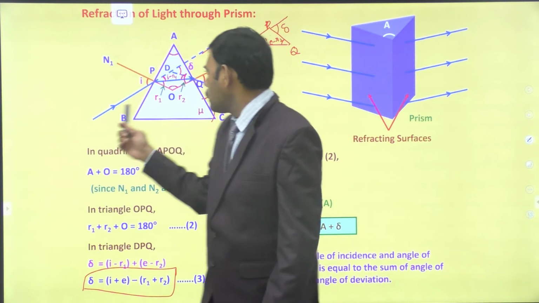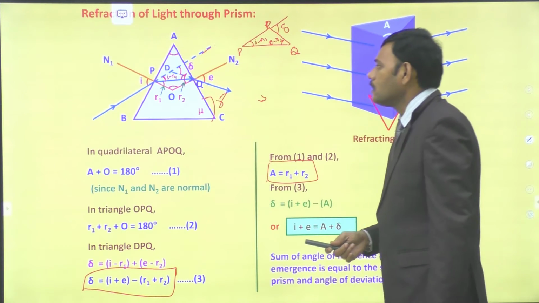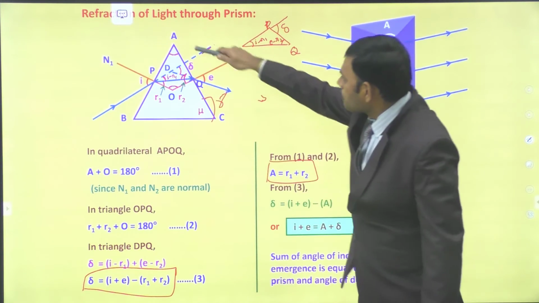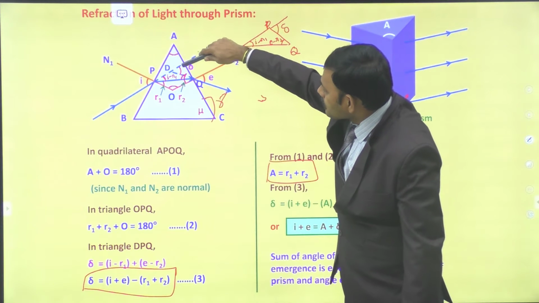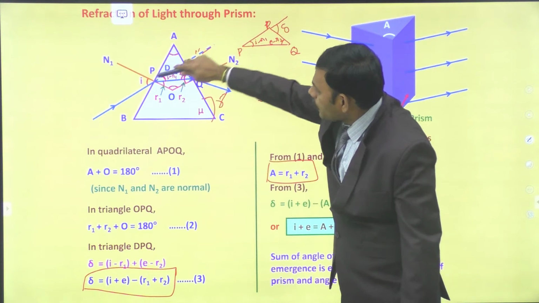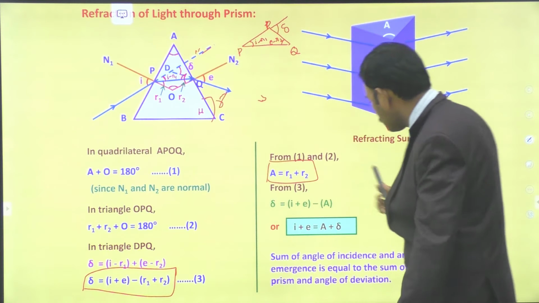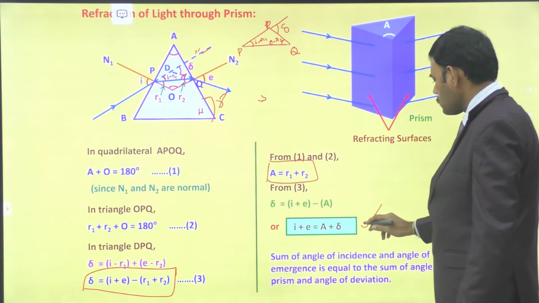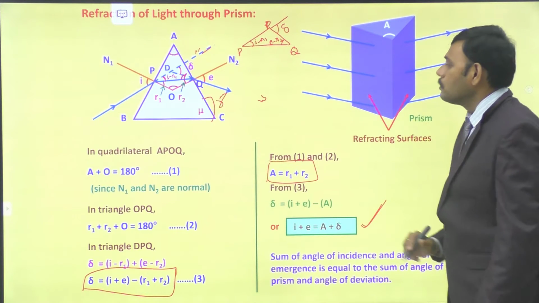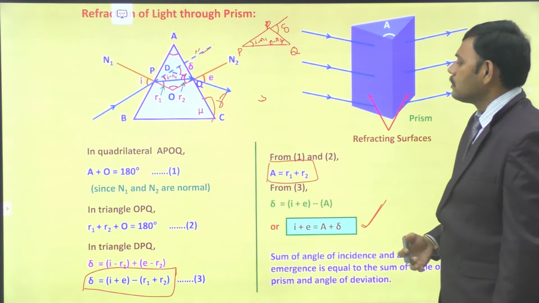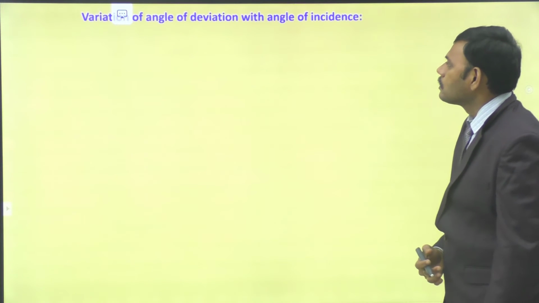So I is the incident angle, E is the emergent angle. Sum of these two angles is equal to A plus delta, angle of prism and angle of deviation. Remember this one, this is also important while solving the problems. So let us move on to the continuation of this derivation.